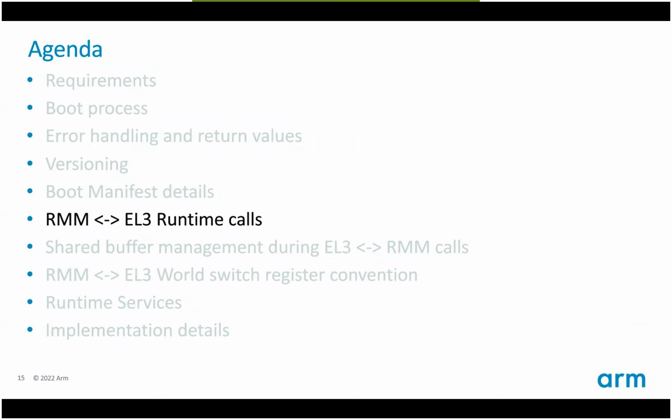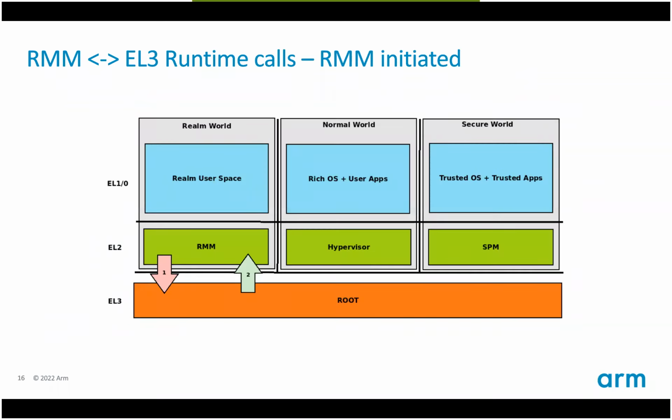So next part is to explain a bit how the runtime calls work between RMM and EL3. So we have basically two types of RMM-EL3 runtime calls. The first ones are when RMM initiates the call. So RMM always sees EL3 as a service provider. So all the calls will always be initiated by RMM.